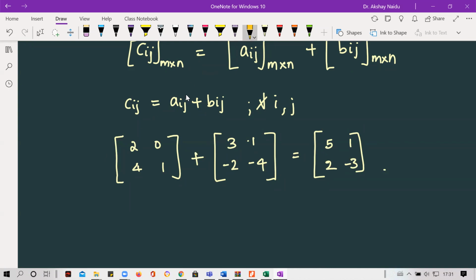So these corresponding elements get added. That is matrix addition, which we know. It is not a new thing for us.